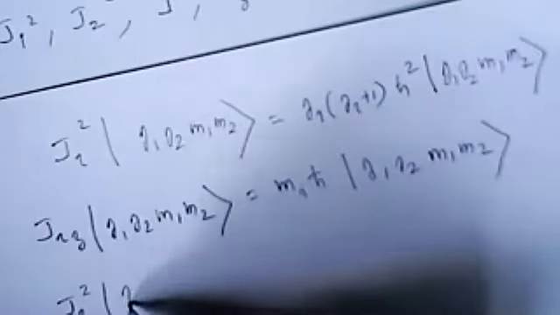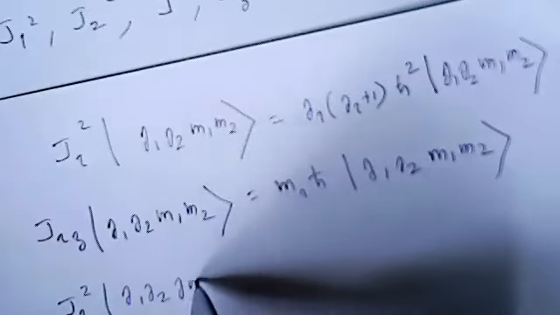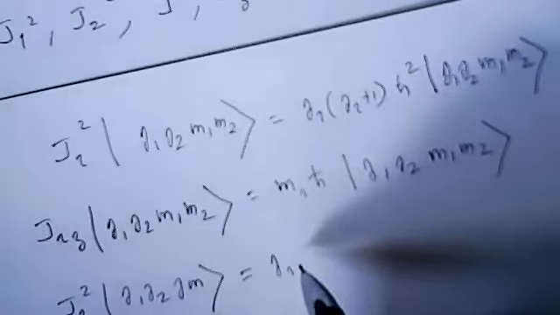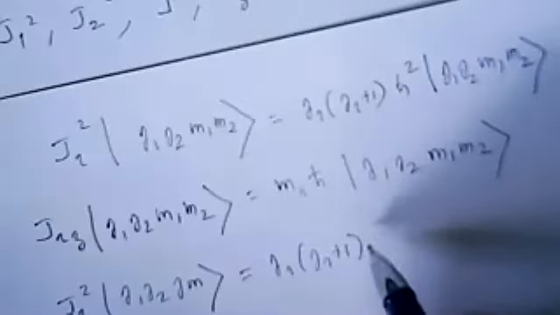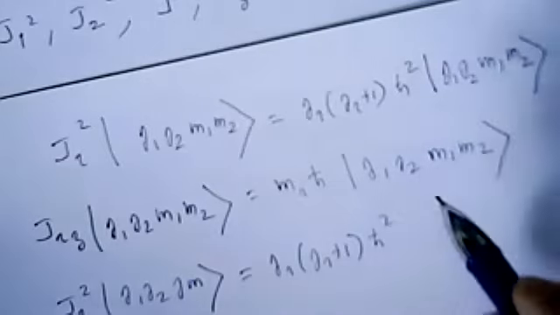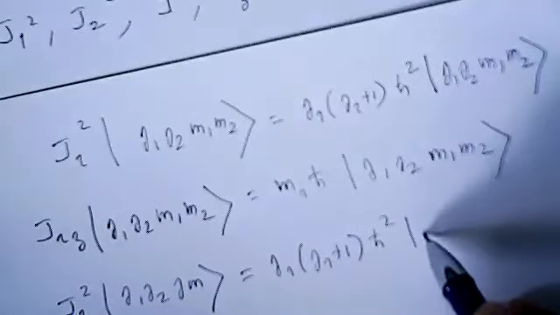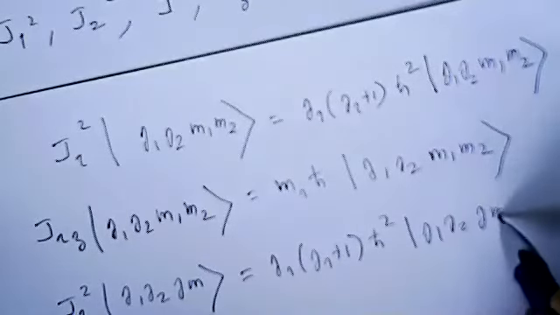So Ji square acting on |J1, J2, J, M⟩ equals Ji(Ji+1)ħ² times |J1, J2, J, M⟩.